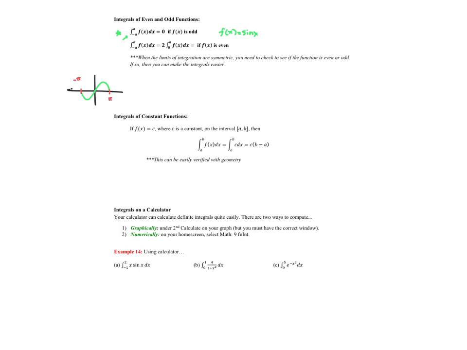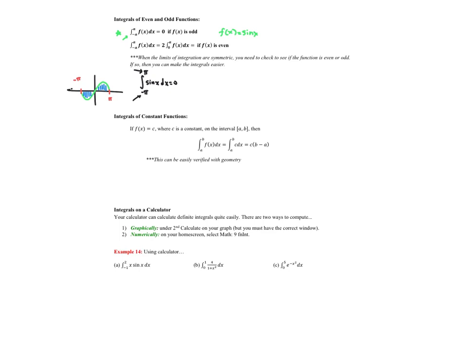You can see this area here would be negative. This area here would be positive. They would be equivalent, right? And therefore, the integral from negative pi to pi of sine of x would equal 0. It's an odd function. I have integrated symmetrically about the origin, and therefore that area would equal 0.